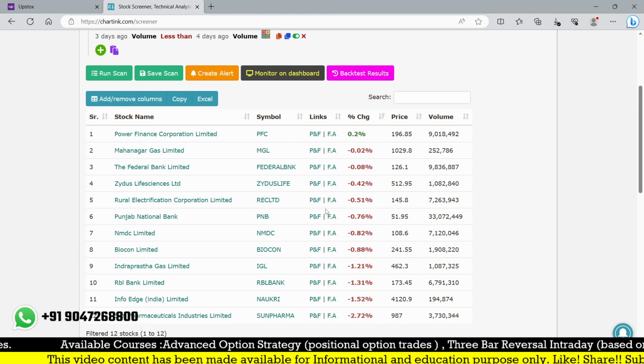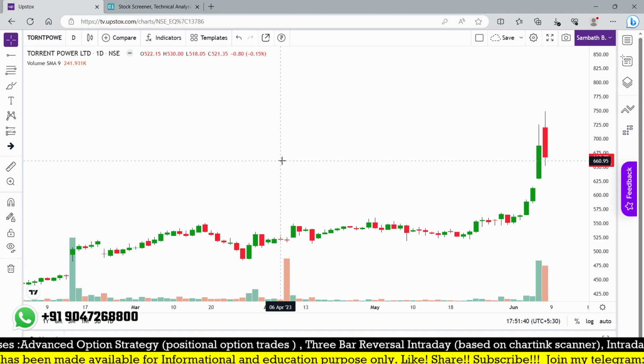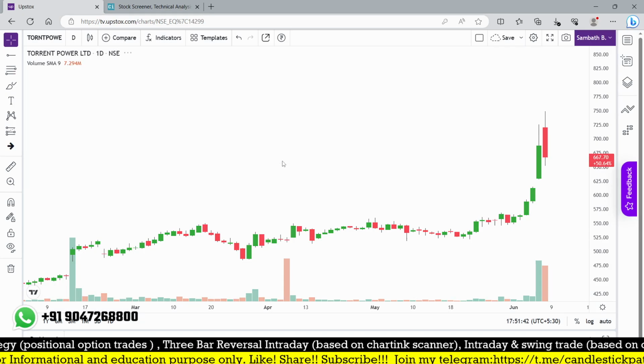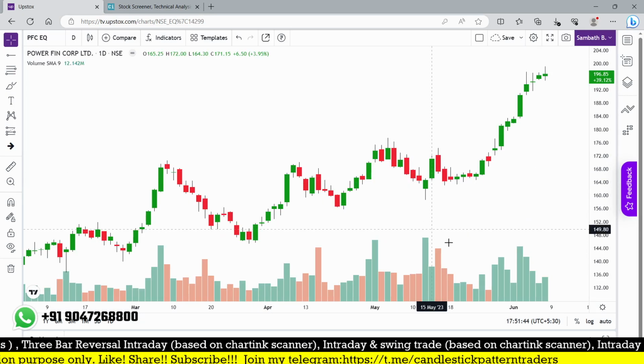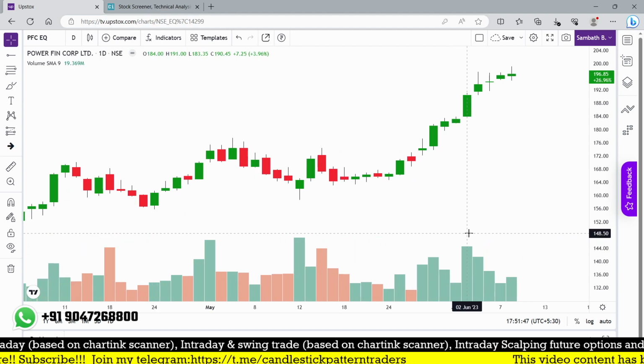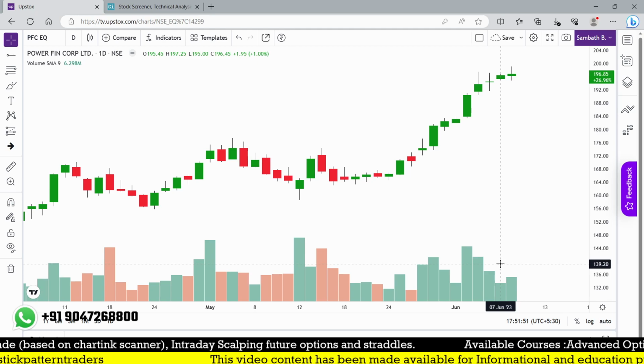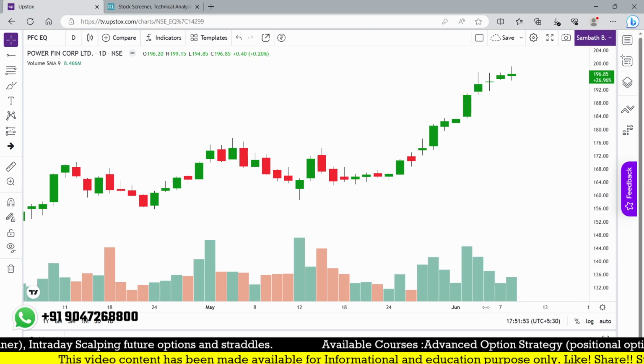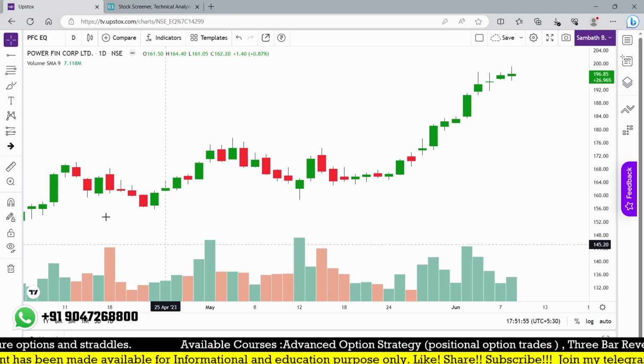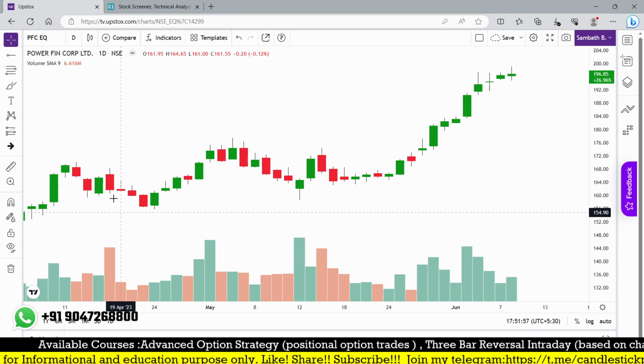Maybe PFC today. It was a huge move, and I found it without looking at what's happening on PFC. Yeah, 1 day ago. Look at this, we are using 1 day ago, no? So for 3 consecutive days the volume keeps on moving lower.